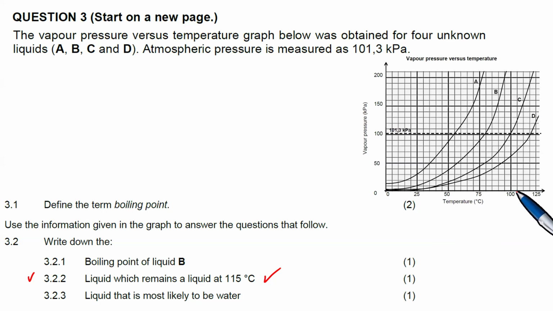So if this is 105, 110, 115, at about 115, let's just draw a vertical line there. 5, 10, 15, draw a vertical line, and see on average, this is what you're going to have.